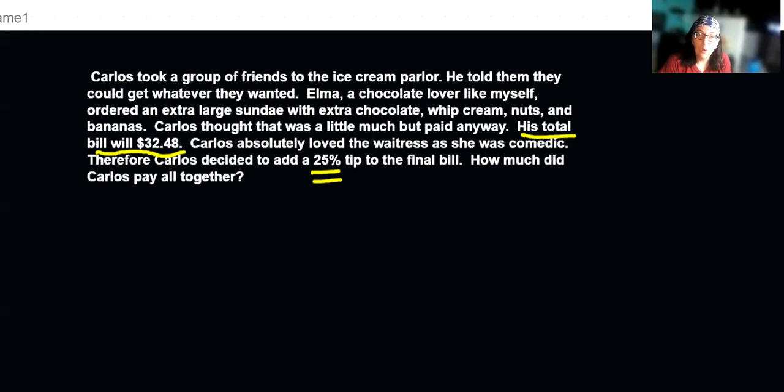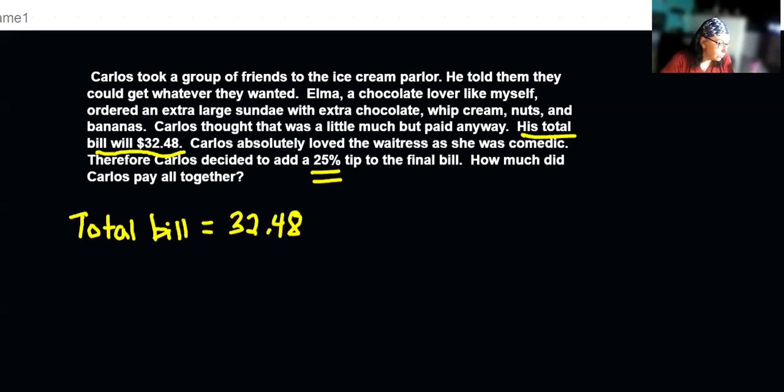So let's write down what we know. We know that the total bill is $32.48. And Carlos wants to leave a tip that is 25% of the total bill.